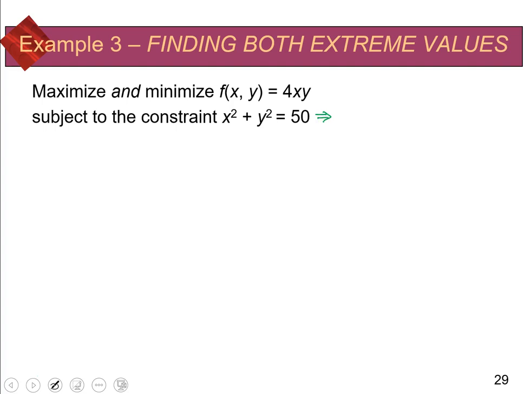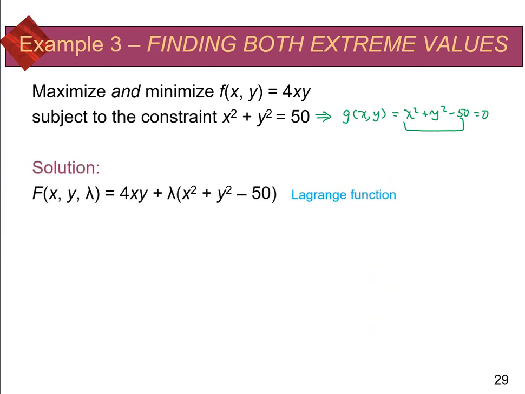This here, if I take this and set it equal to 0 and solve it that way, this is g of x. So when I set up my Lagrange function, I'm going to have 4xy plus lambda times x squared plus y squared minus 50.